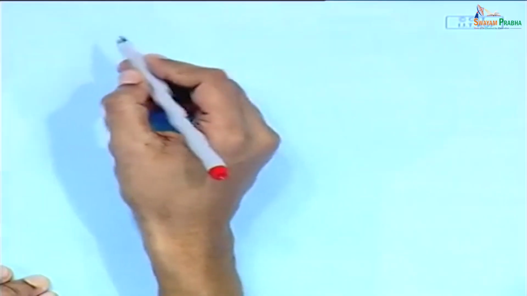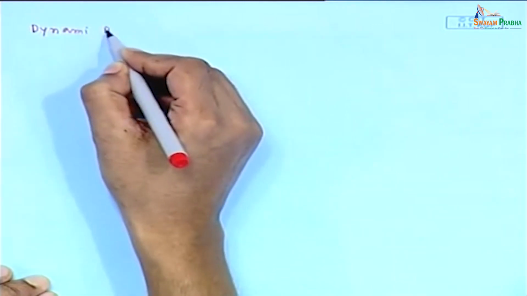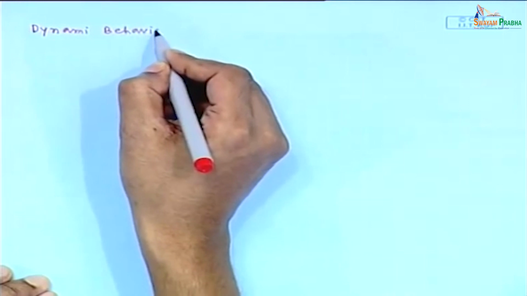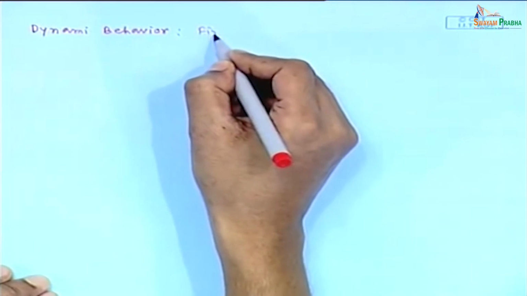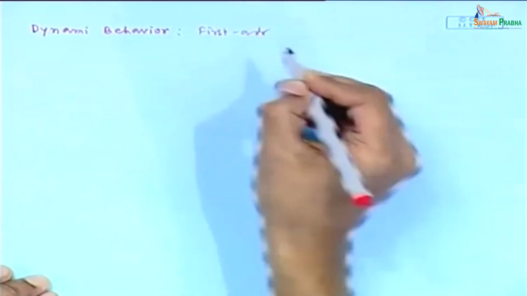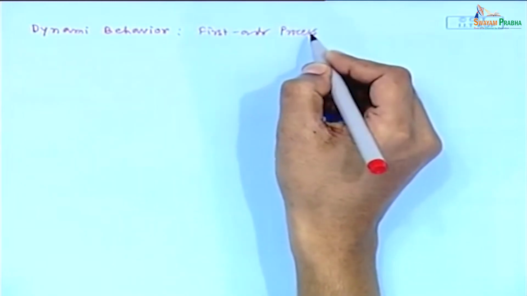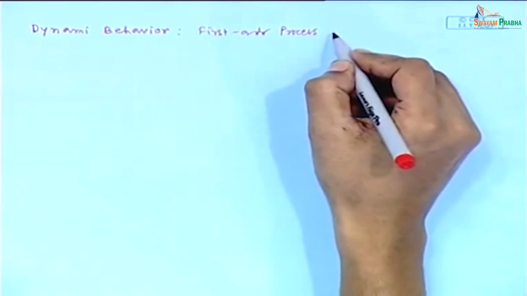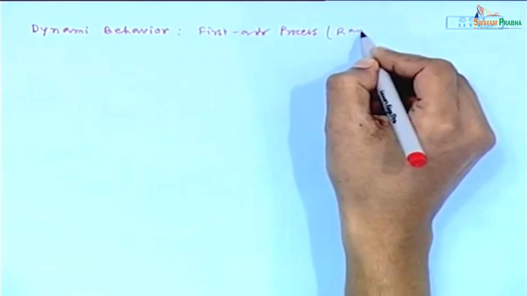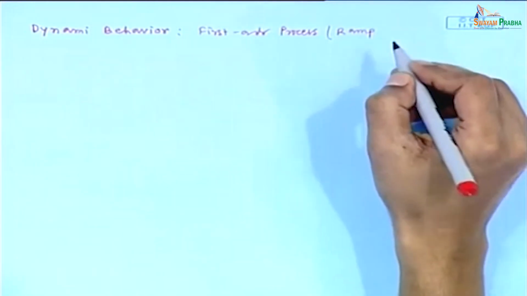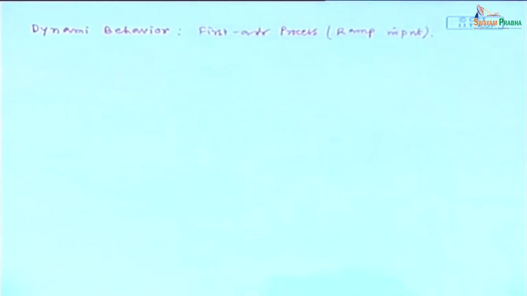So, next topic is dynamic behavior, and we will consider first order process, and we will change the input as ramp function.